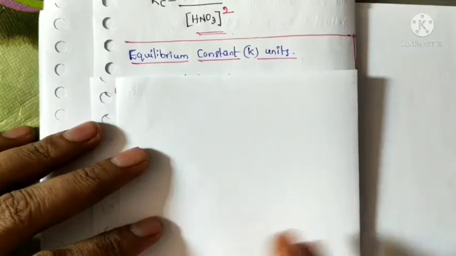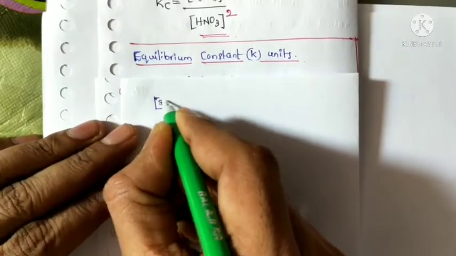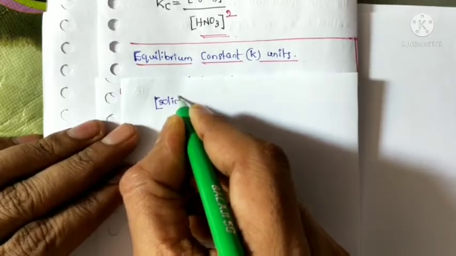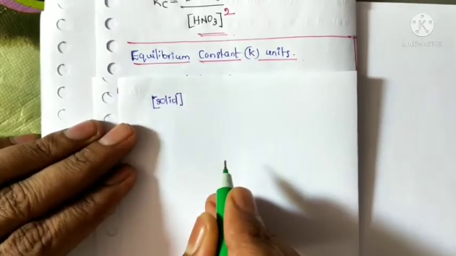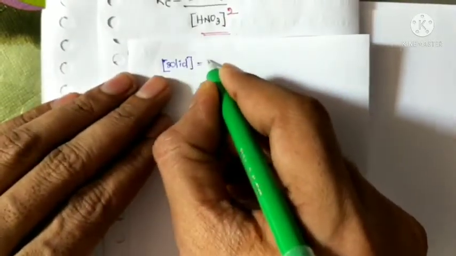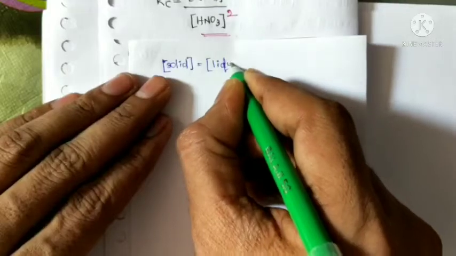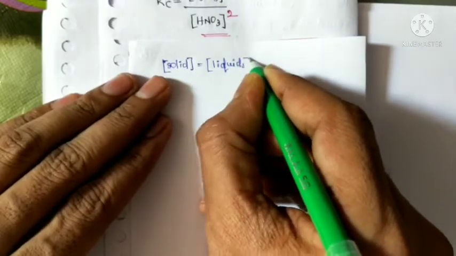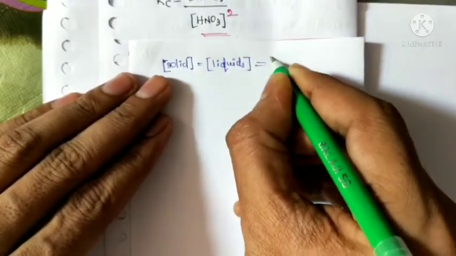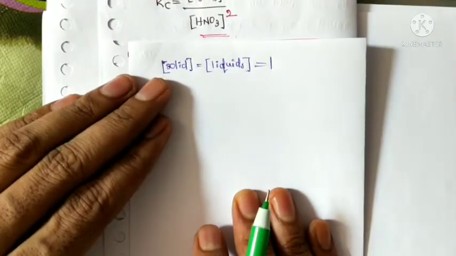That means the molar concentration of a solid or of a liquid is always taken as 1 whenever we write the equilibrium constant expression.